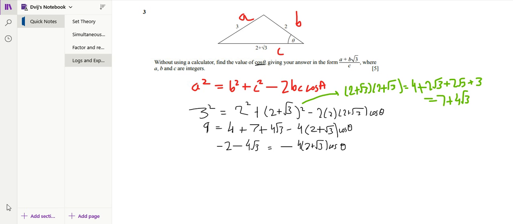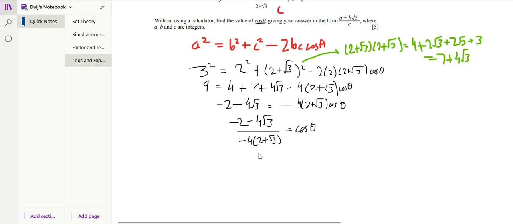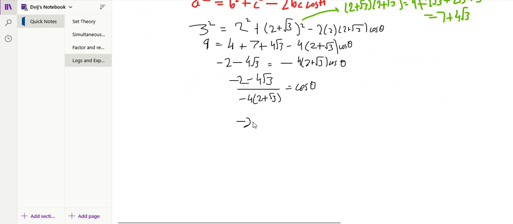So if we just say minus 2 minus 4 root 3 divided by minus 4 times 2 plus root 3 is equal to cos theta, then straight away we see that we have a surd at the bottom, and that's not what they want over here. So we're going to have to rationalize it. Let's simplify: we get minus 2 minus 4 root 3 divided by minus 8 minus 4 root 3.